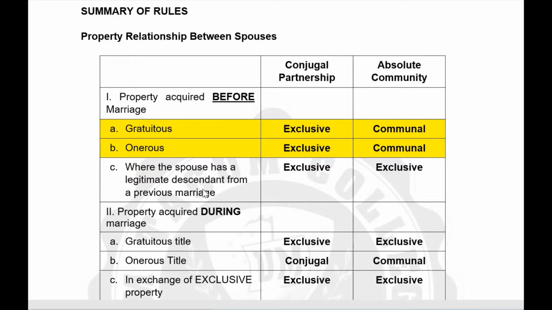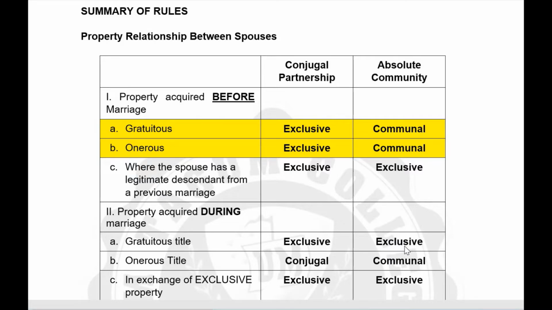Assuming this is his second marriage and he has legitimate descendants from the previous marriage, then the property would be exclusive for both regimes. No? Now, for property acquired during marriage by gratuitous title, that's exclusive for both conjugal partnership of gains, CPG, and absolute community, or ACOP, no.